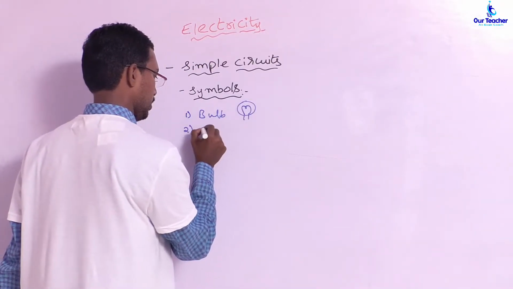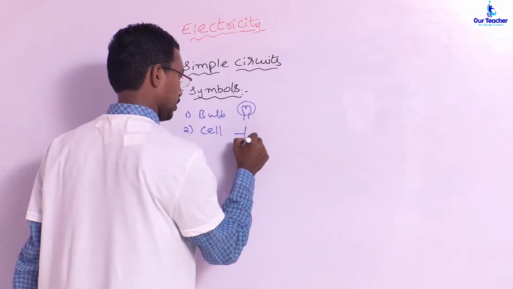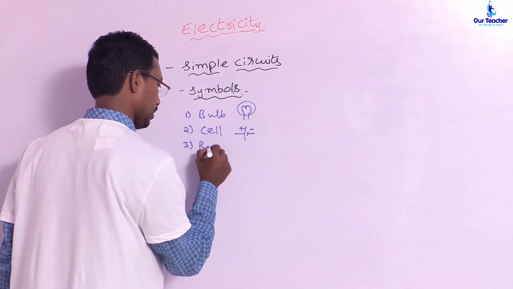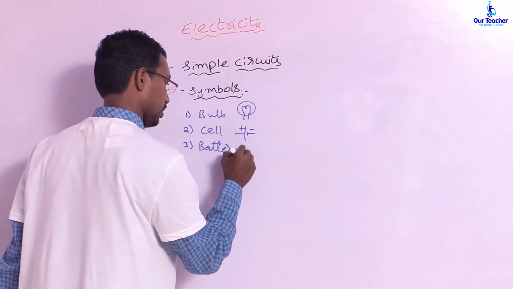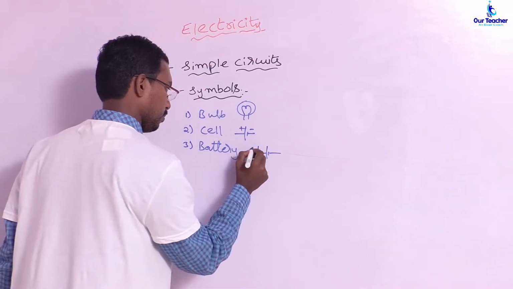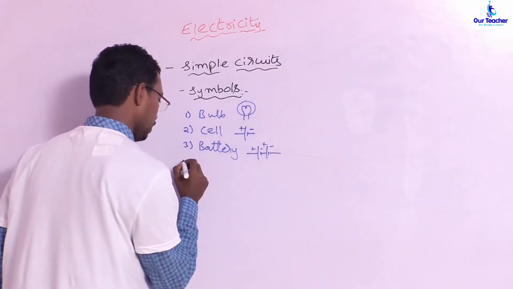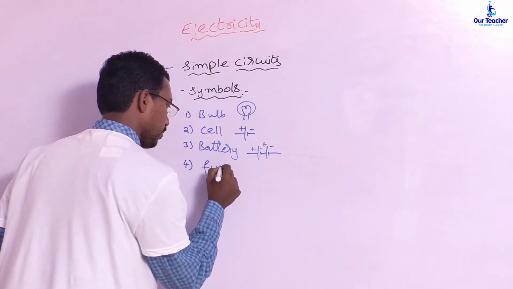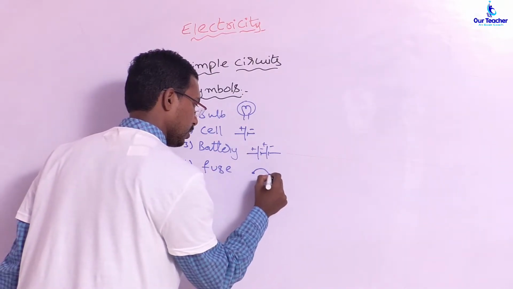Next, a cell is represented like this, positive and negative terminal. Third one, battery, is represented as a series combination of two cells, positive negative, positive negative. And fourth one, fuse. A fuse is represented like this.